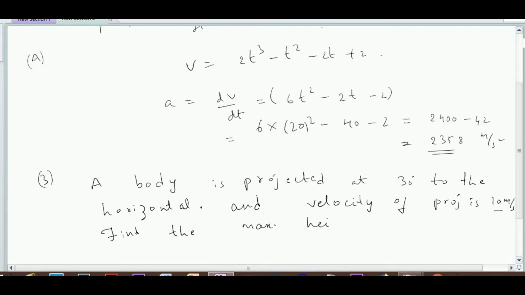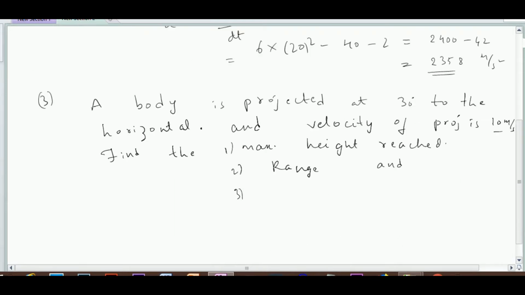What we need to find here: find the maximum height reached. This is a multiple question. There are 3 questions I guess: first, the maximum height reached, second, the range, and the third one, time of flight.